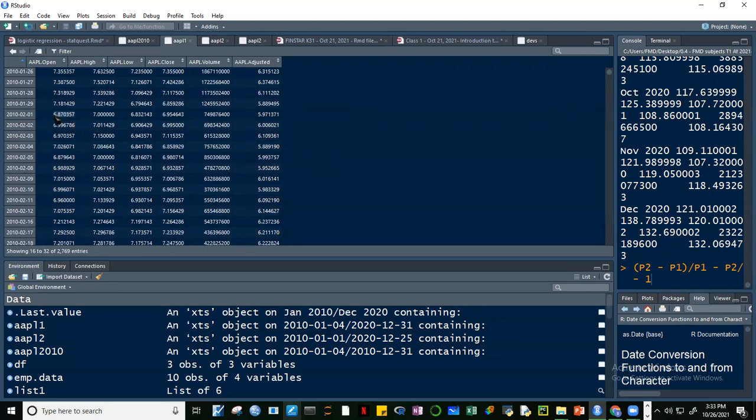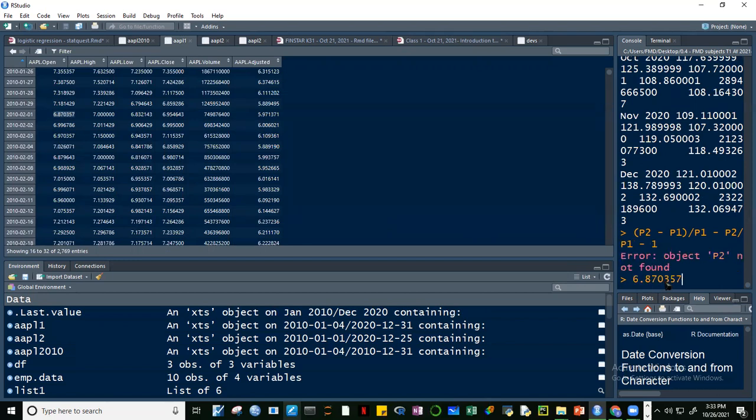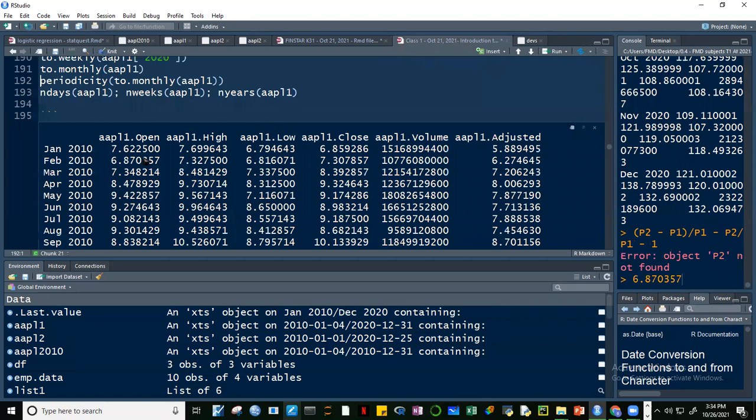And just to be sure that 6.870357. Let's see the object generated. 6.870357. Okay, so you notice, guys, if we convert it to monthly, it will generate the first day of the month. Okay, so this is January 1, February 1.